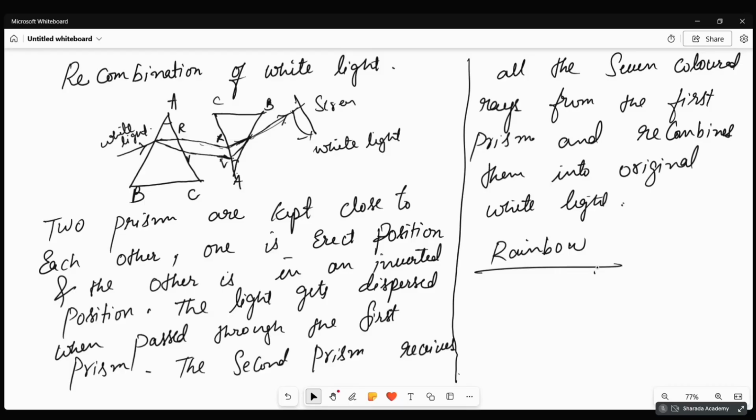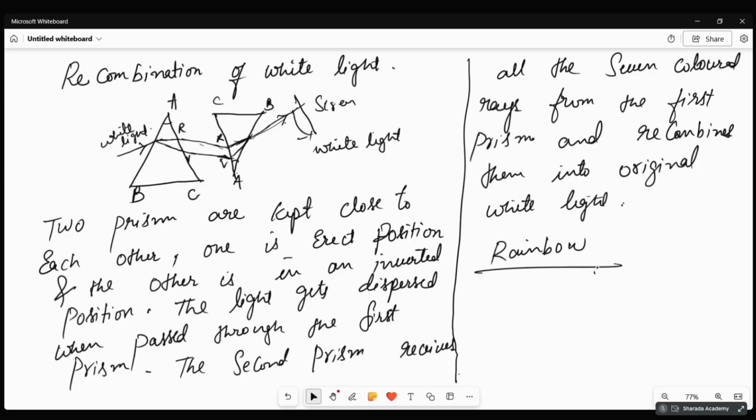If the angle of incidence is greater than the critical angle, then there will be total internal reflection. That means light will reflect inside that medium only.